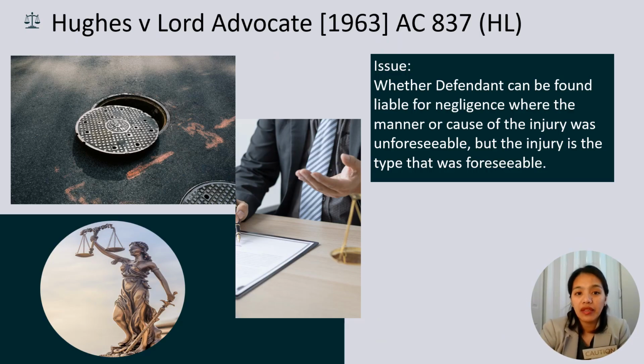So moving on to my next case, which is Hughes versus Lord Advocate, 1963, AC 837 HL. The highlight of the case was the post office workers were working underground and left the manhole unattended, surrounded with kerosene lamps while on break.